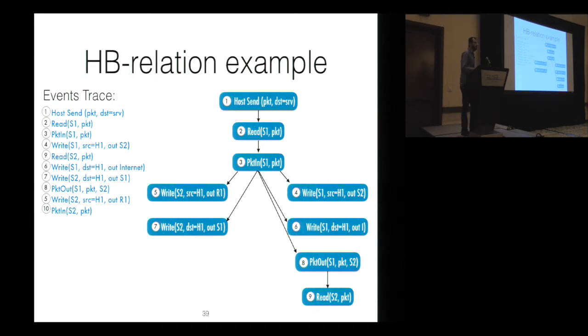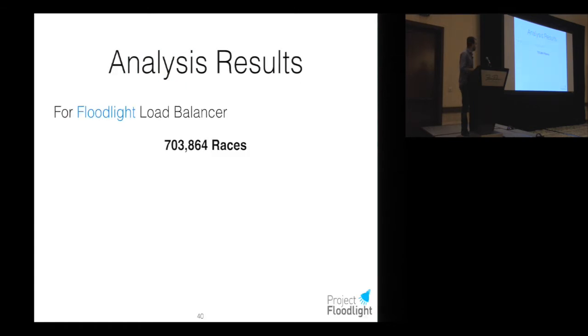So this is what the happens-before model would look like. A packet out, and the packet out caused another read here. Directly on a trace that we actually got from. Very imprecise, just applying directly the happens-before.